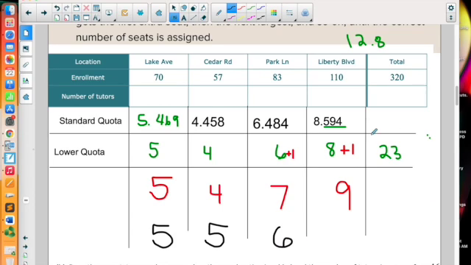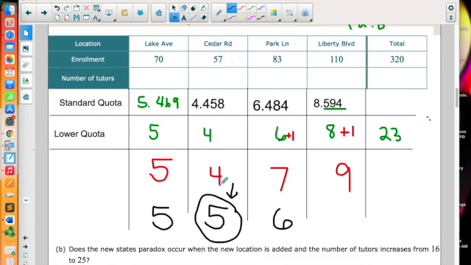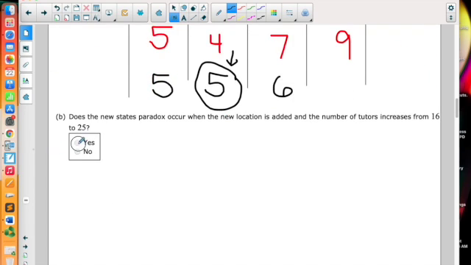Did the inclusion of a new location change the allocation? It did. Cedar Road lost 1. It had 5, but now it's got 4. So yes, it occurred, because one of the areas lost 1. Had it kept the 5, it would have been fine, but it lost 1.